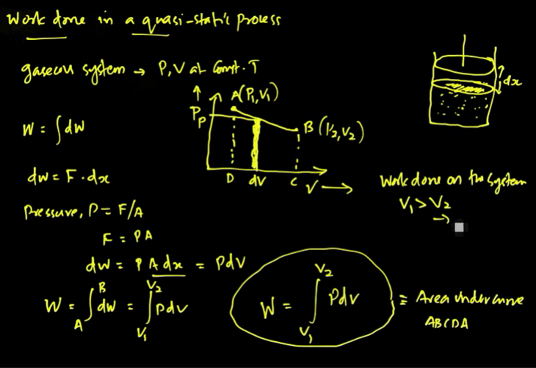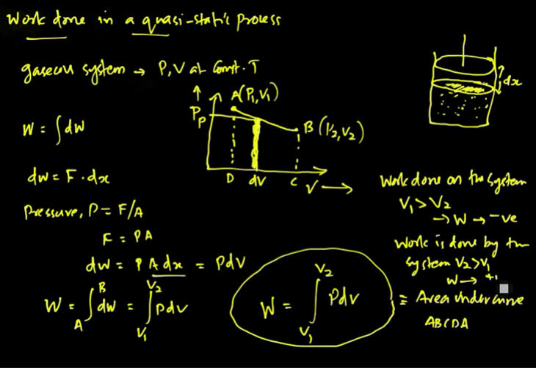In that case, the work comes out to be negative, and if work is done by the system, usually V2 is greater than V1. In that case, the work comes out to be positive. So what we have to remember here is that the work done on a system is taken to be negative, and the work done by the system is taken to be positive.